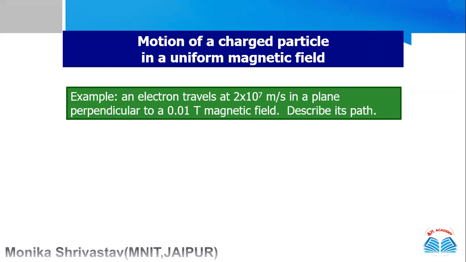So yes, we'll start with motion of a charged particle in a uniform magnetic field. What do you understand by uniform magnetic field? Uniform means the same, having the same intensity, having the same number of field lines. Which is not varying is uniform.